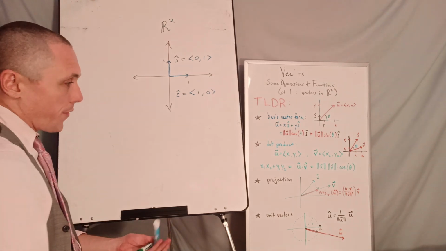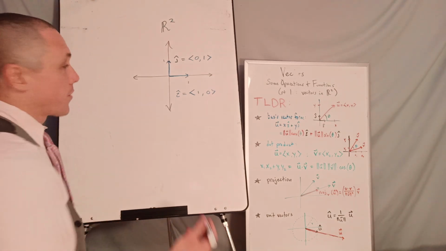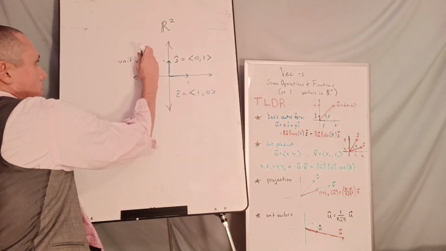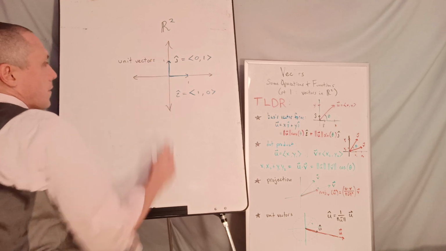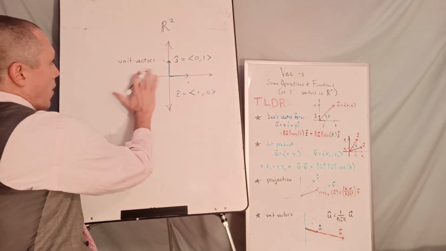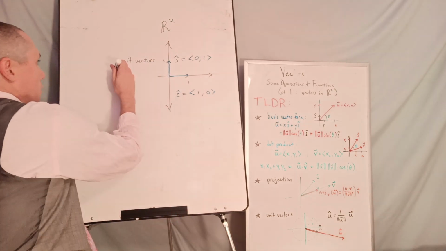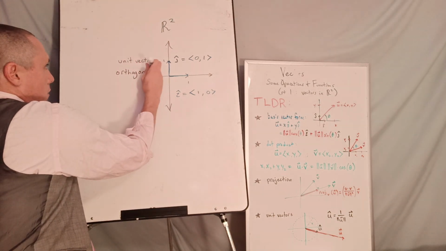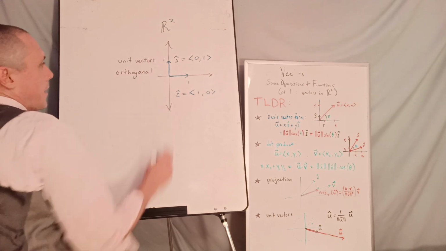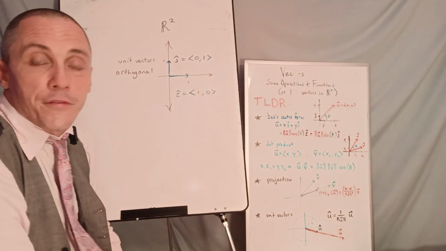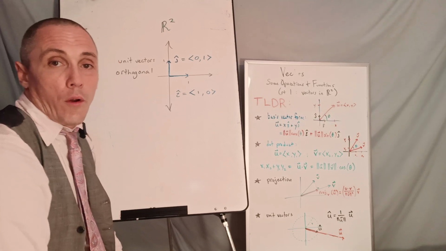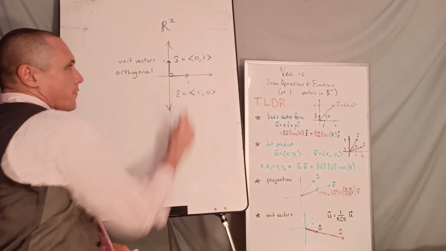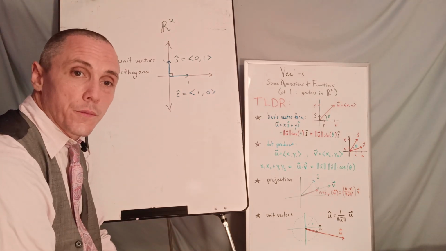A couple nice things about these, as we noted, they are unit vectors. They are orthogonal to one another. And orthogonal is just a synonym for perpendicular, or at right angles to one another, or having an angle between them of 90 degrees, just like the axes do.